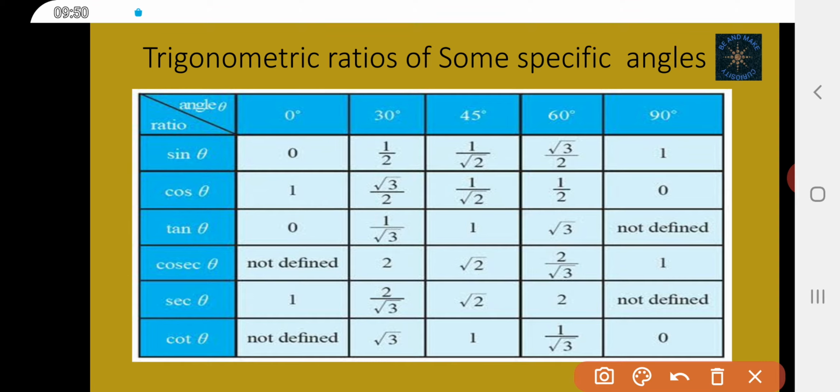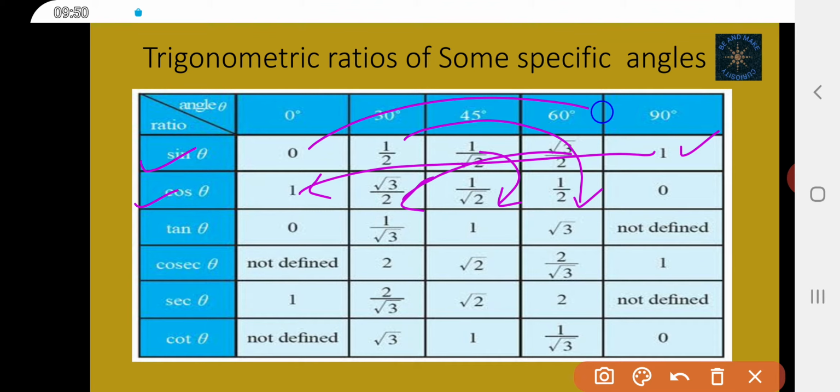Okay, you can remember it like this. See, sin 90 degree is equal to cos 0 degree. This is equal to this, this is equal to this, this is equal to this, and this is equal to this.